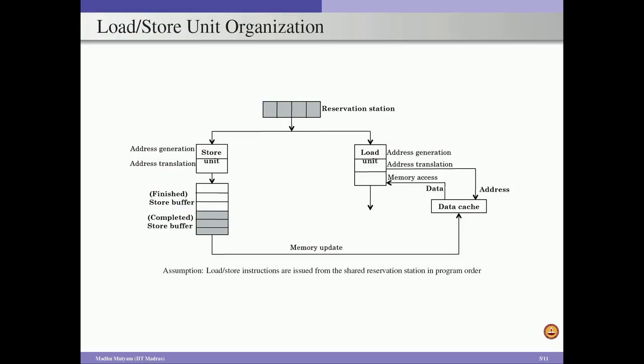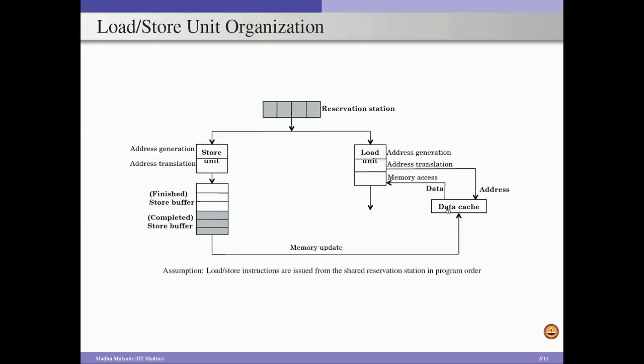In the case of load instructions, our load unit consists of three pipeline stages. The first two pipeline stages are the same as the store unit pipeline stages, that is, address generation and address translation. Once we translate the address, we have the effective address in the main memory.